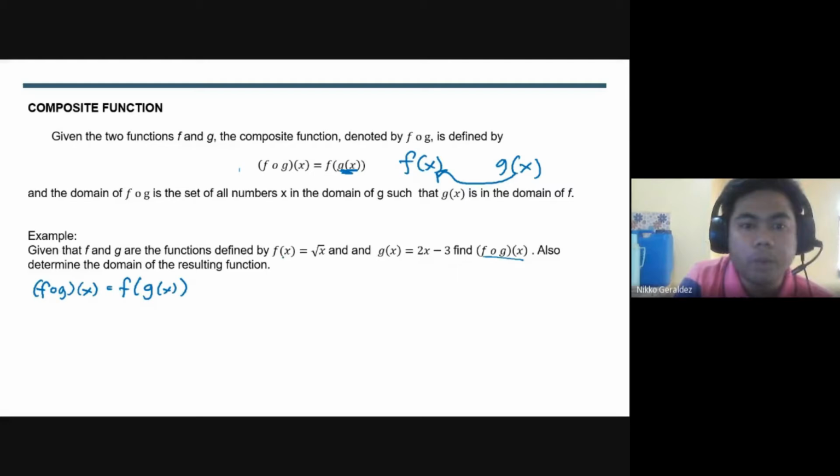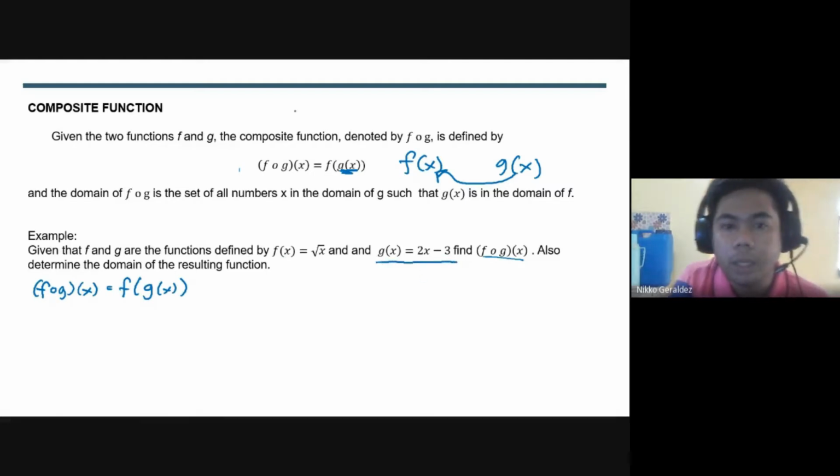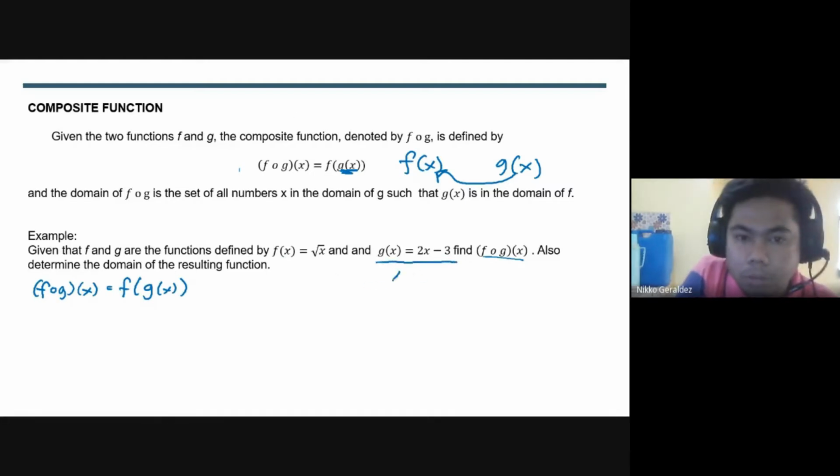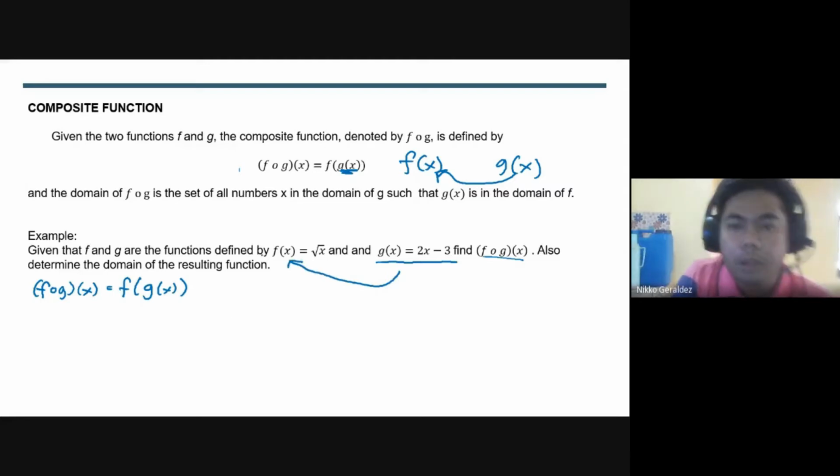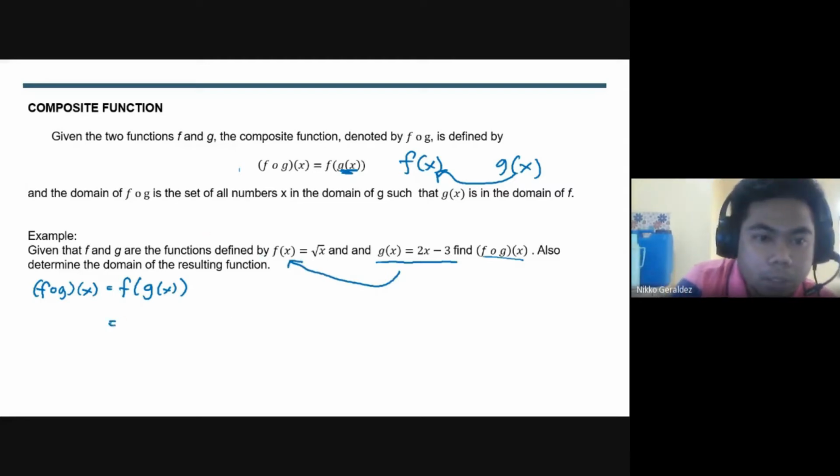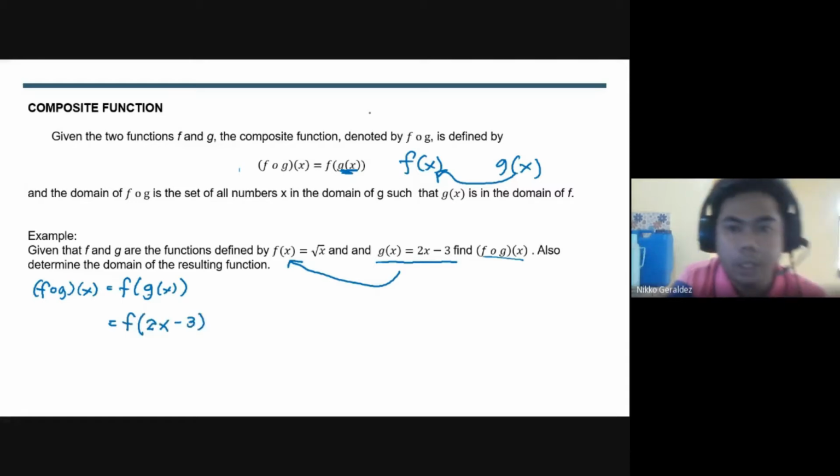So, ang input function natin is 2x minus 3. Ipapasok natin siya doon sa f of x. So, g of x is 2x minus 3. So, meron tayong f of 2x minus 3.